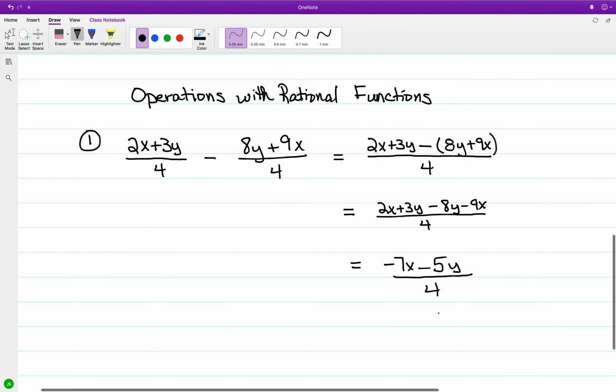This is one way that the expression could be given. Some books might have it as the negative of 7x plus 5y over 4, so that's negative 1 times 7x plus 5y, which would yield negative 7x minus 5y over 4.